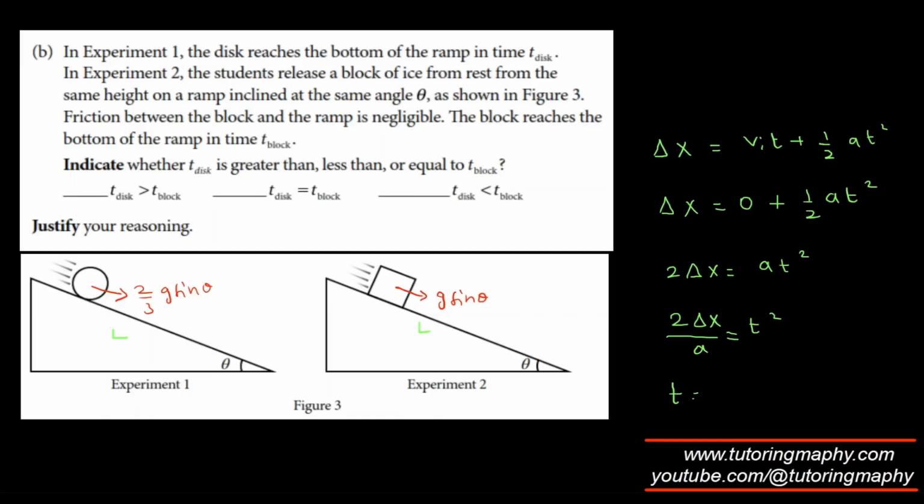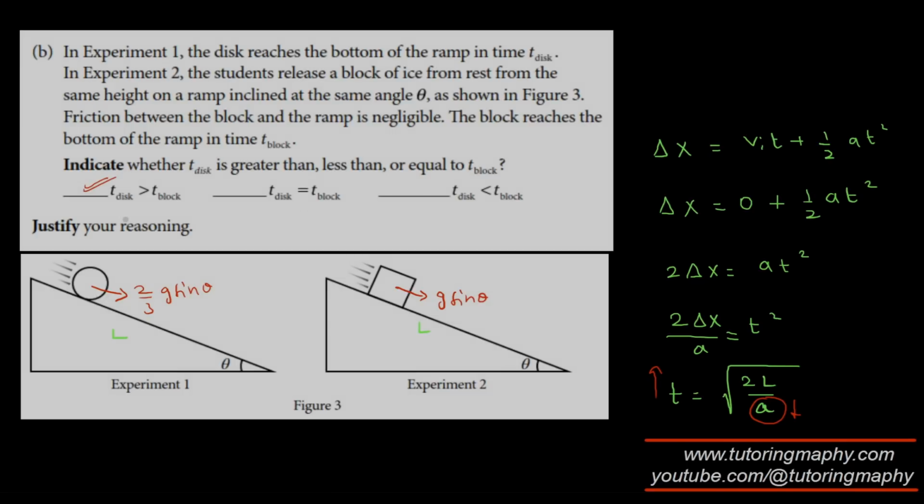In other words, t is the square root of 2 delta x over a. Now delta x in our case is just L, so it's clear that if the acceleration is less, time taken will be more, correct? Since the disk is accelerating with a lesser magnitude, 2/3 of g sine theta versus g sine theta, the time taken by the disk has to be more than the time taken by the block. That should be our final answer.